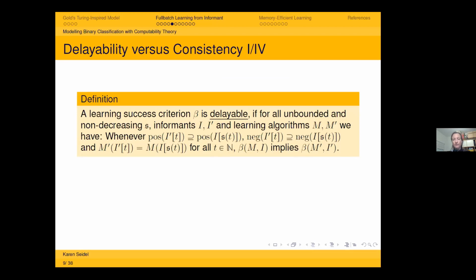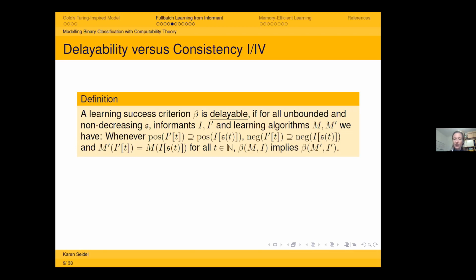Okay, and one property of these additional requirements that comes in handy for the lemmas that I mentioned earlier is so-called delayability. And delayability says nothing but that, in the picture you saw earlier with the developing learning process with time, the additional property is not influenced if I delay the hypothesis.